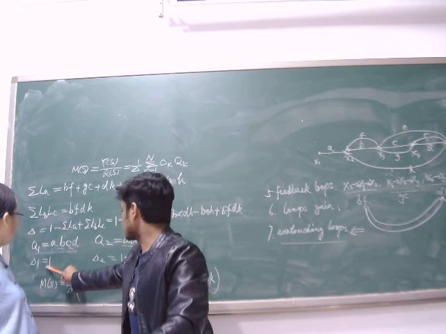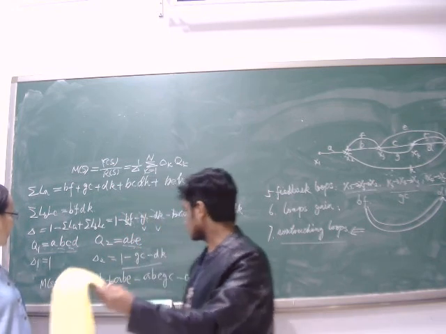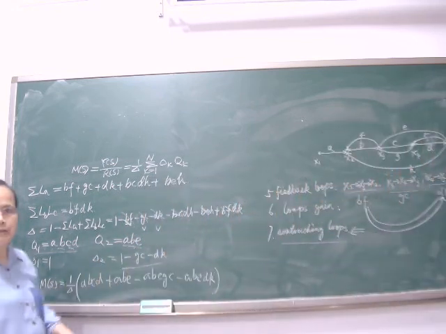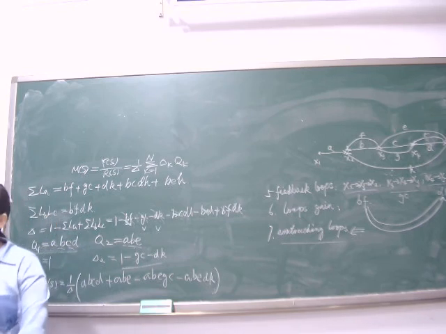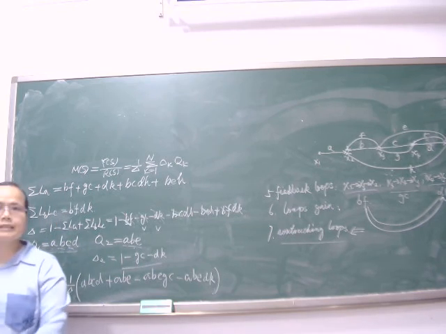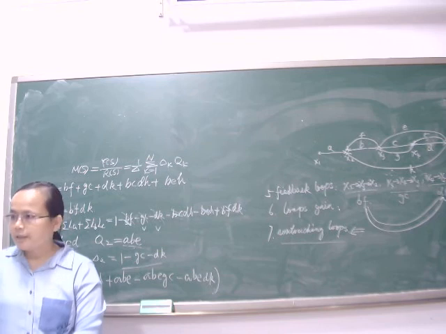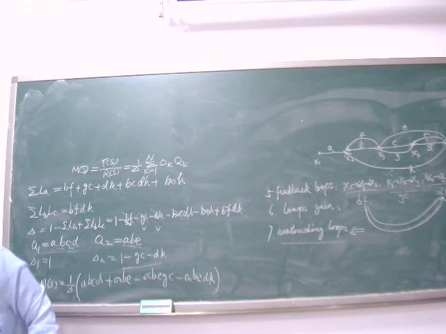Q1 times delta 1. Correct? Okay. So this is the formula: Q1 delta 1 plus Q2 delta 2. Right.